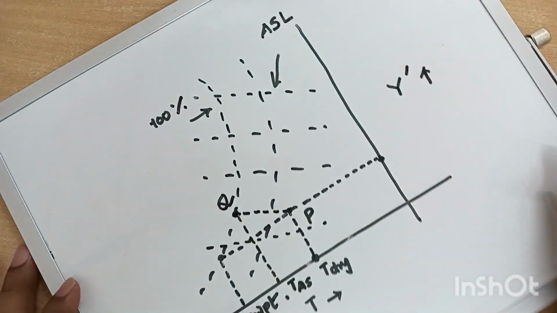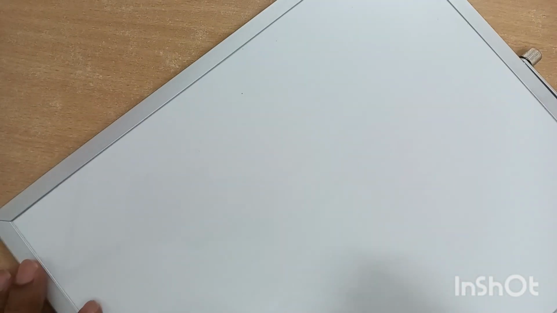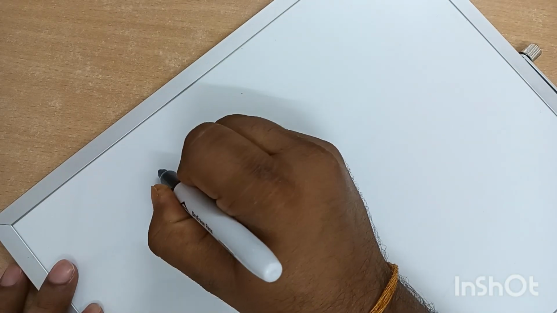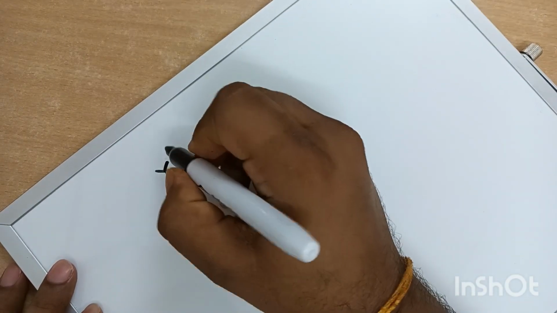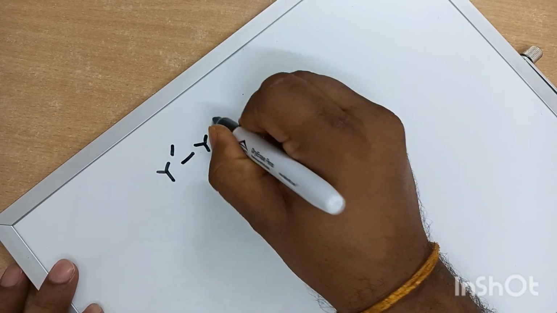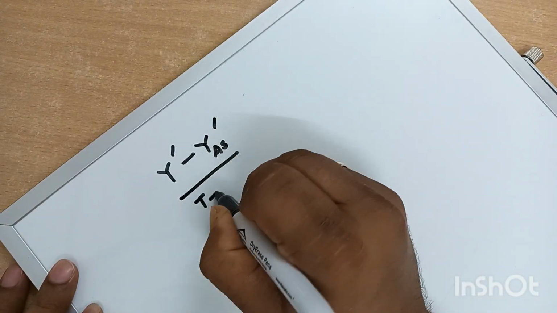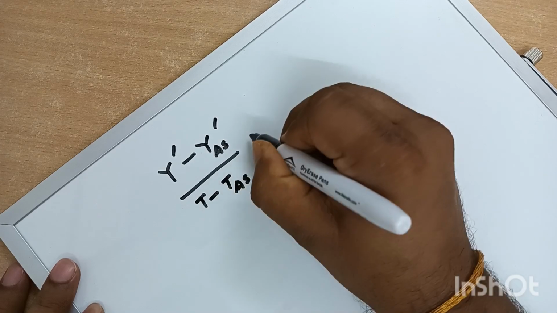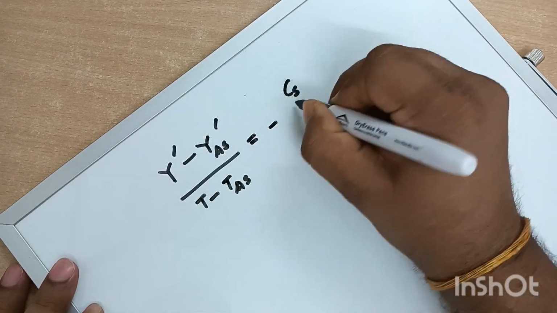Now to understand that, we have to first understand the mathematical equation. The mathematical equation for adiabatic saturation temperature lines is (y' - y_as')/(T - T_as) = -C_s/λ_s.